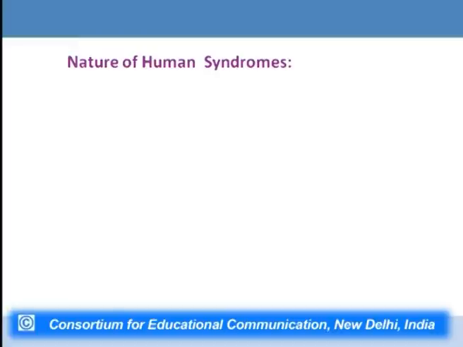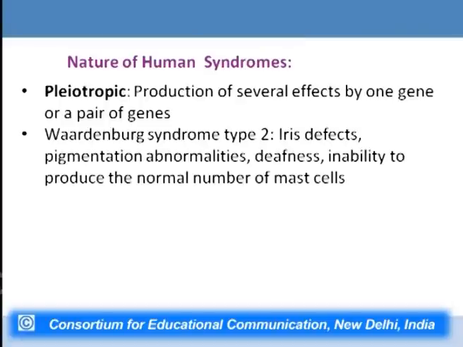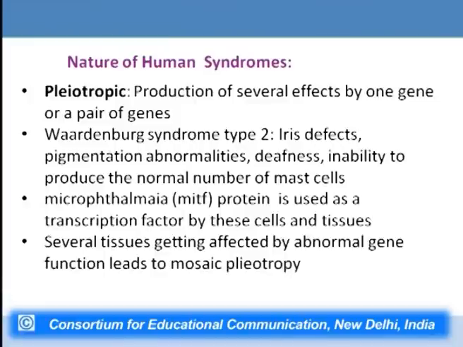Now, what exactly is the nature of human syndromes? These syndromes could be caused because of pleiotropic effects, that is, the production of several effects by one gene or a pair of genes, as can be seen in Waardenburg syndrome type 2, where there are defects in the iris and pigmentation abnormalities because of malfunctioning microphthalmia protein, which is used as a transcription factor by all these cells and tissues, and several tissues get affected by the abnormal gene function.